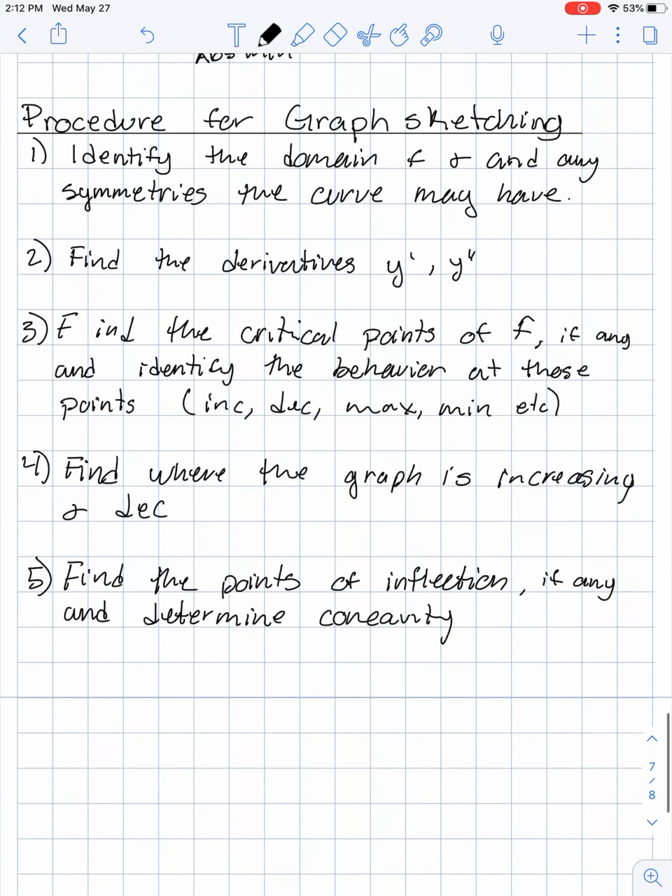And then 6, we kind of did this in the last chapter, is identify any asymptotes, because that'll also help you find any absolute extrema.